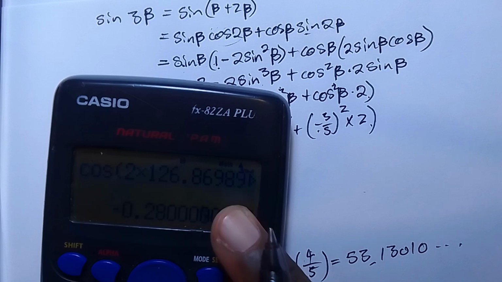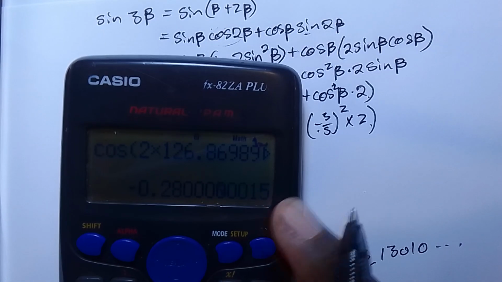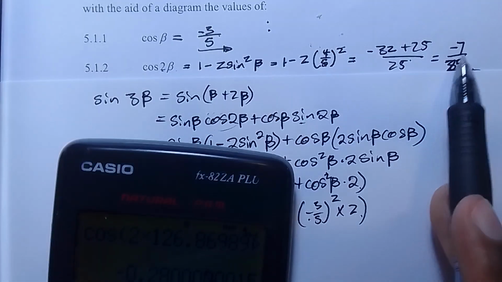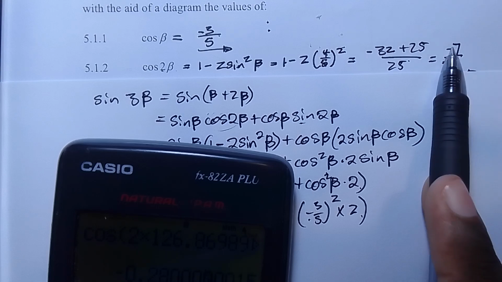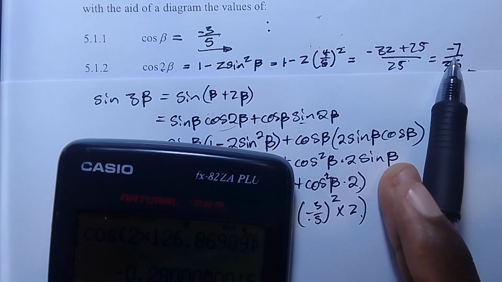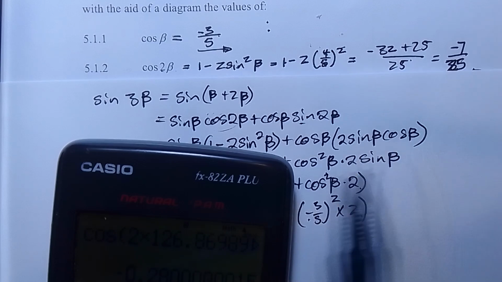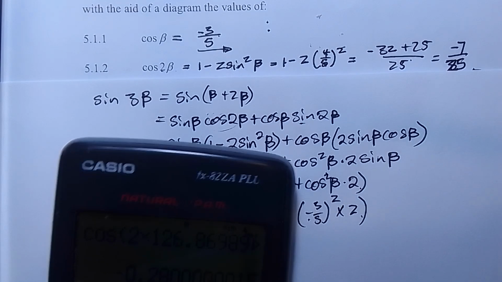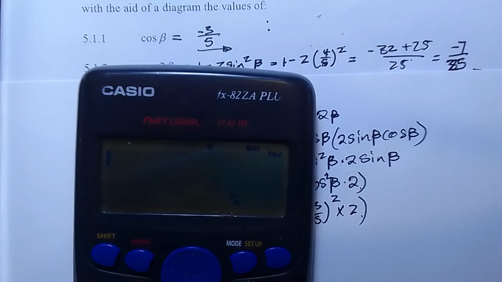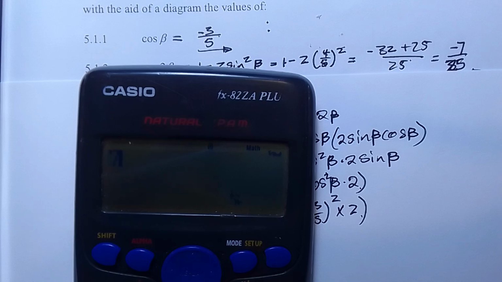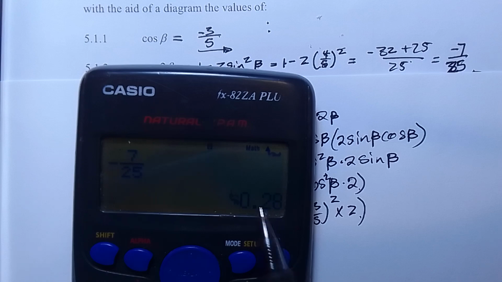What you do if you get something like that, you just take what you got there and see if you change it by S implies D, it gives you 0,28. I'm just going to check this one. I'm not going to check the last one for time's sake. So that was negative 0,28. It's negative 7/25. That's 0,28. That means our answer is correct.